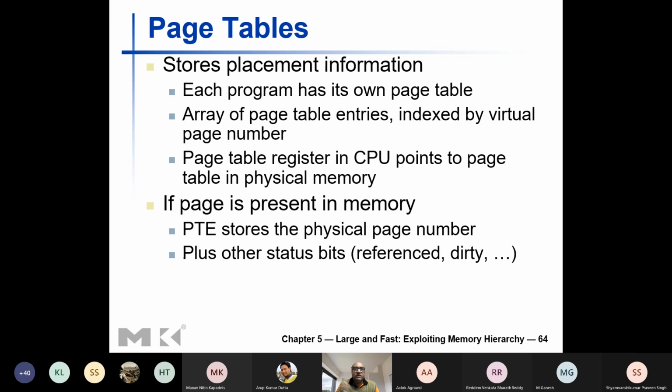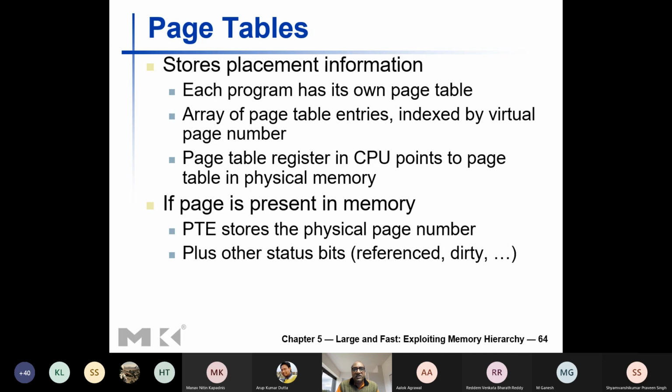To avoid that, we use the page tables, which are indexed by the virtual page number. Once the virtual address is available, we take the virtual page number part and use it as the index. We go directly to that particular entry of the page table, and then we check the valid bit. If the valid bit is set, it means that particular virtual page is available in the physical memory.